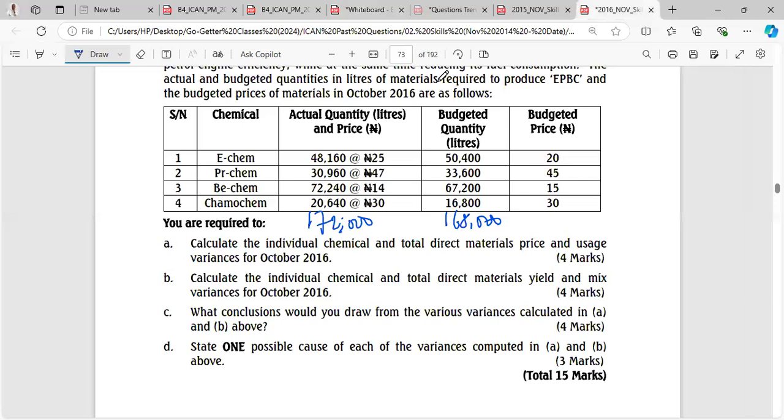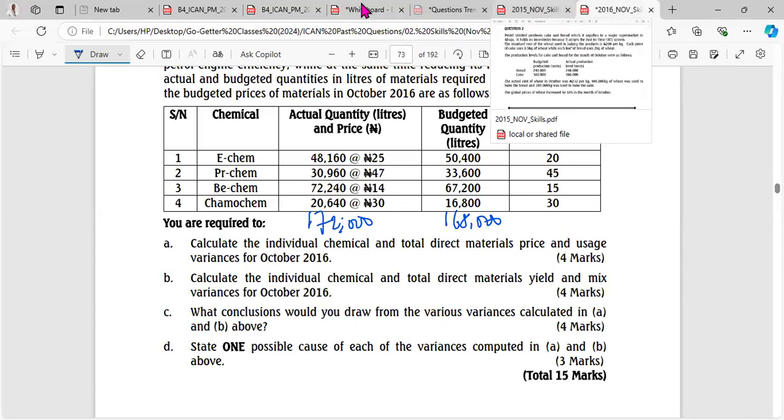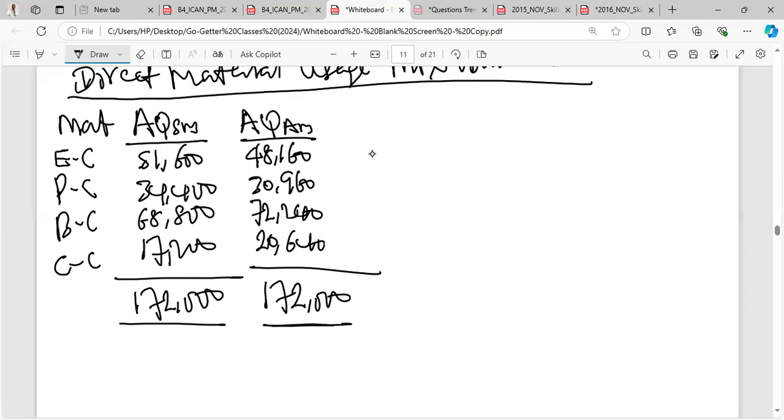The standard prices are still 20, 45, 15, and 30.